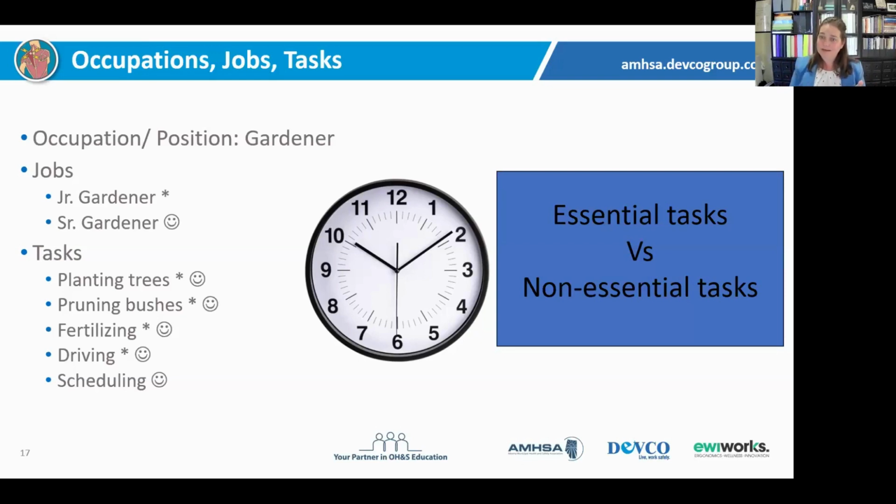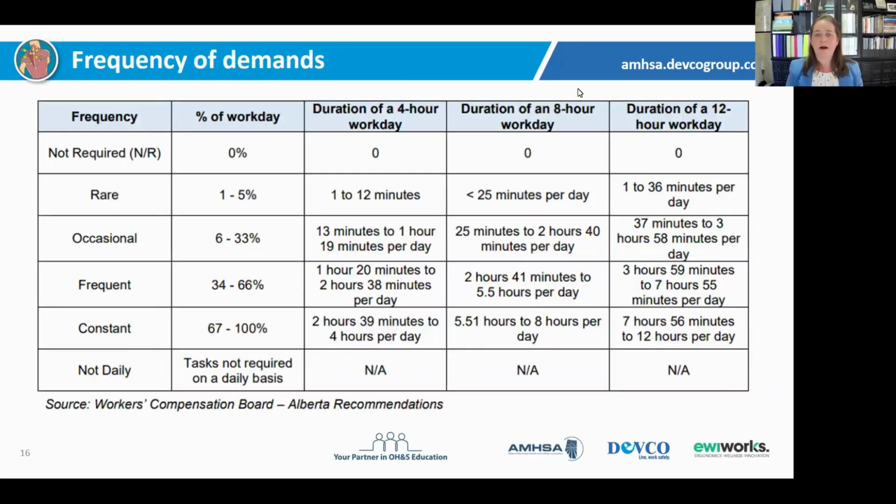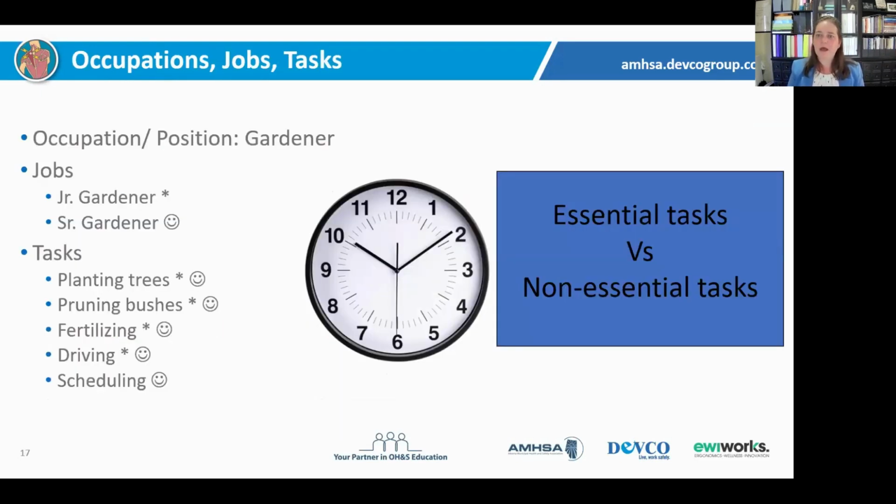So their job demand assessment will probably look a little bit different from the junior gardener's because they will have an additional task, but they will also be spending less time planting trees, pruning bushes, fertilizing, and things like that. So whereas the junior gardener might have frequent as a rating for many different tasks, the senior gardener might actually be at occasional for some other tasks.